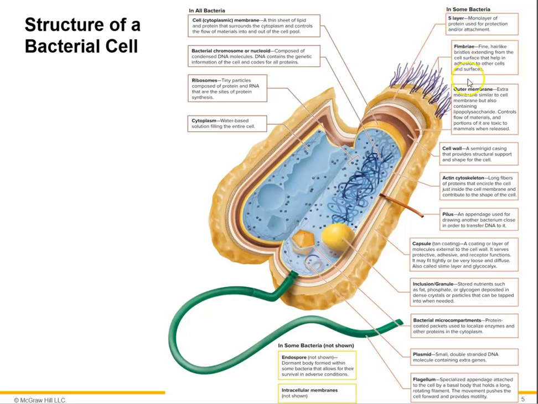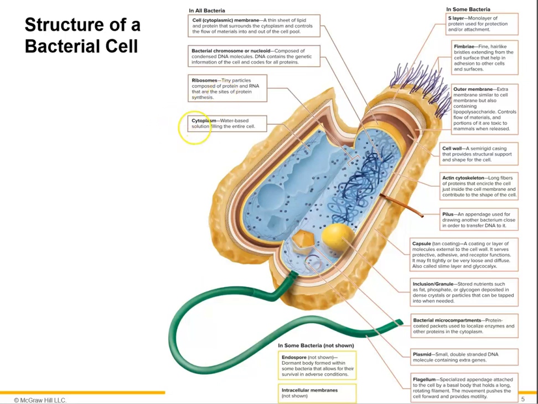Over here, all of these things are found only in some bacteria, and they're not all found in any one bacterial species. So this image is kind of the impossible bacterium. It has everything possible, which we know there's no species of bacteria like that. So I like to give that disclaimer there.